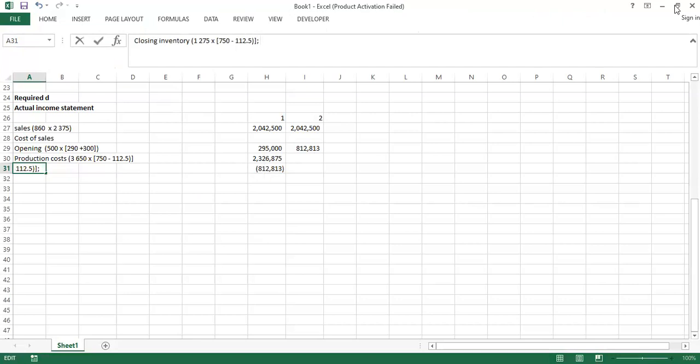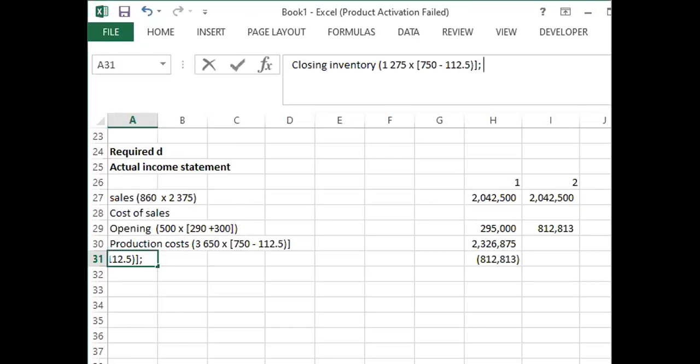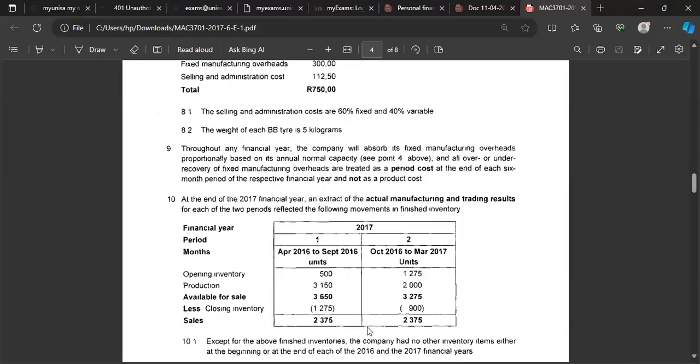Because I have this minimized here, I want to be checking the units. If you have your question paper open, the better. It's going to be 900 units. Let me just take you to where I'm fetching these amounts: it's that 1275 there, and then that 900 on that one.